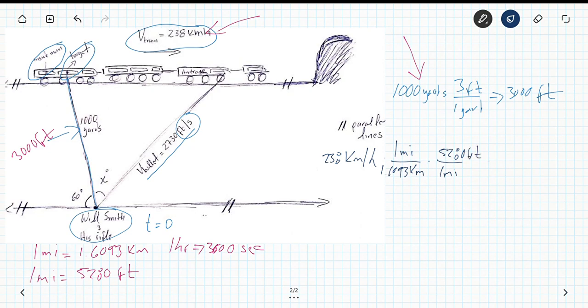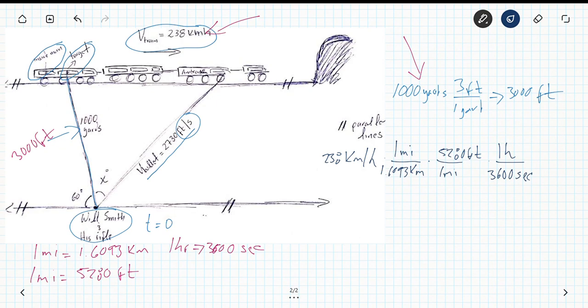And we want to get rid of hours, so we put it at the top. The 1 hour equals 3,600 seconds. Let me erase this one right there, because we need to be really clear about the units that I am putting at the top and at the bottom.